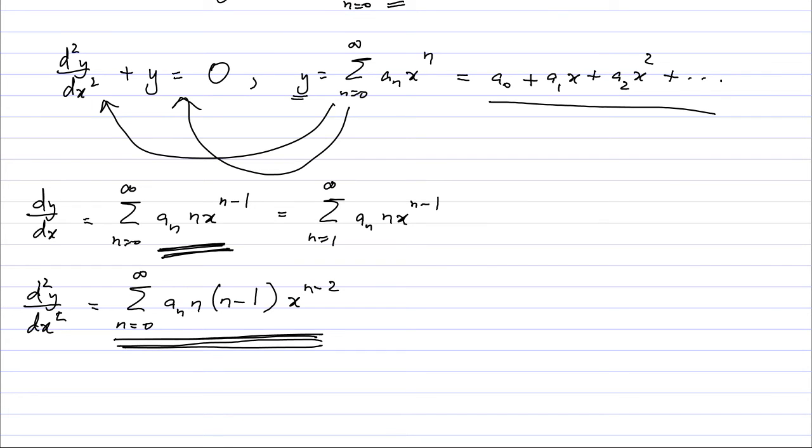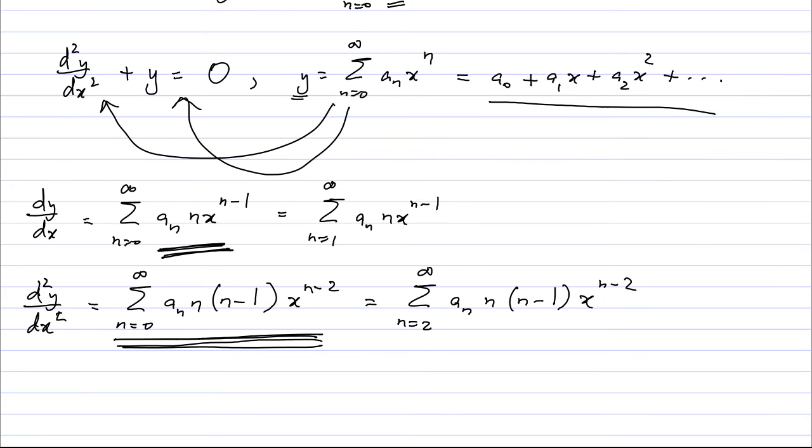So we might as well start from n is equal to 2. You'll see later on why I'm doing these manipulations, why we can start from n is equal to 2, or why we can start from n is equal to 1. So you have a_n times n times n minus 1 times x raised to power n minus 2.